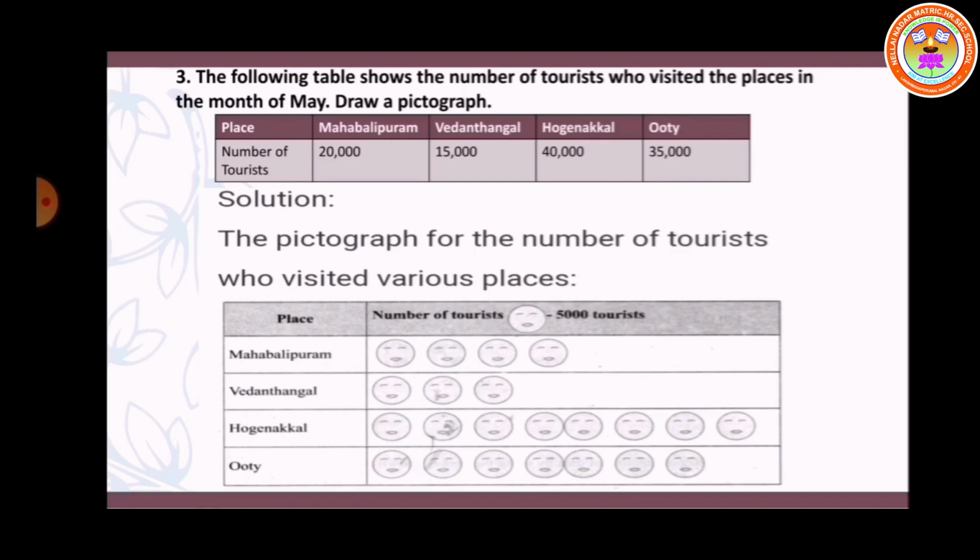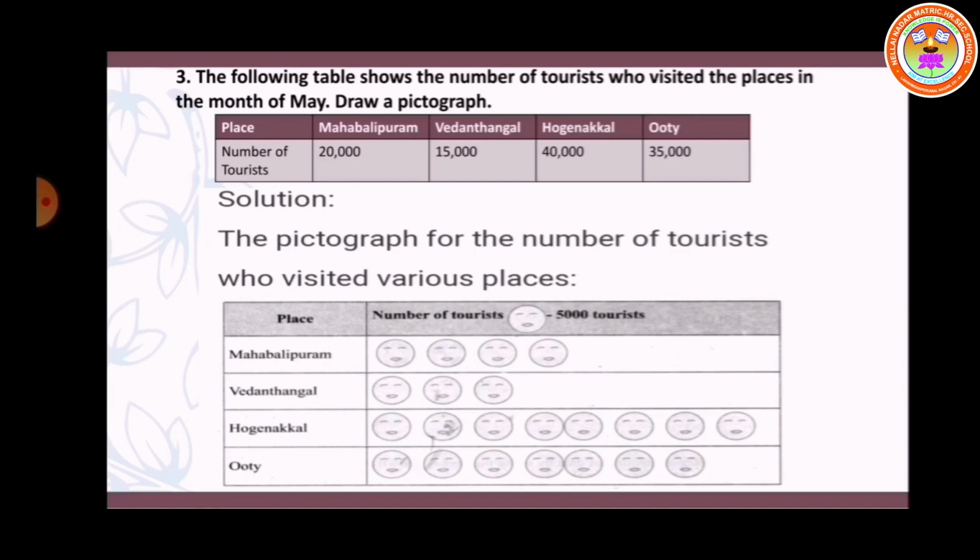Kodaikanal, 40,000. 40,000 divided by 5,000 is equal to 8. So you have to draw 8 smiley faces. And in Ooty, how many tourists? 35,000. So 35,000 divided by 5,000 is equal to 7. So you have to draw 7 smiley faces.